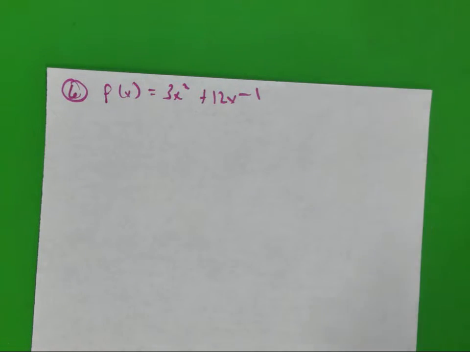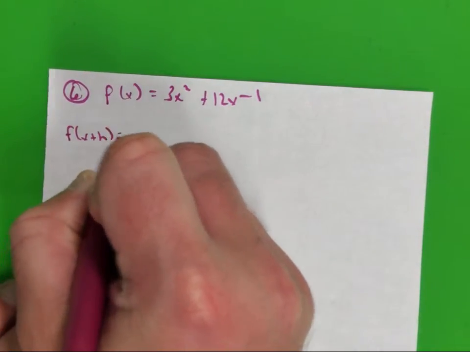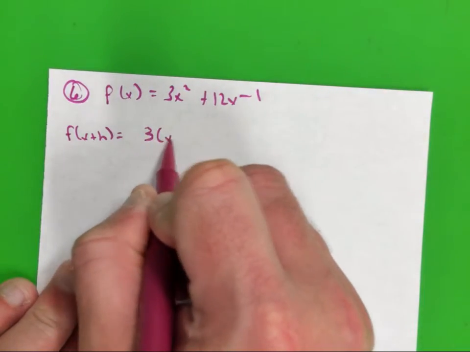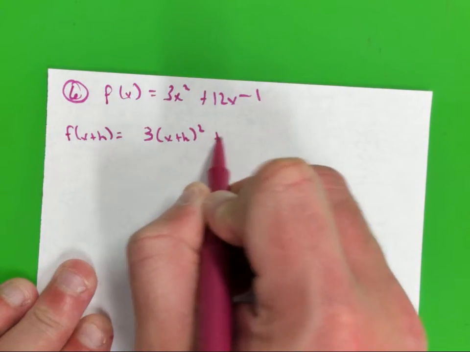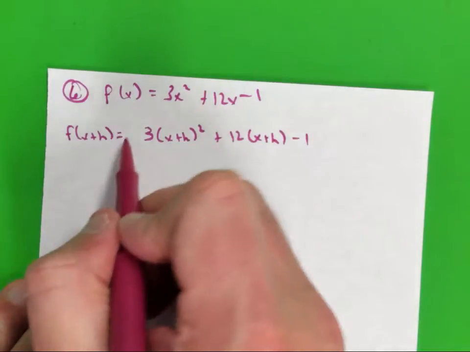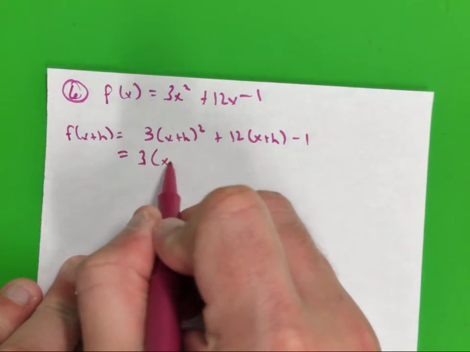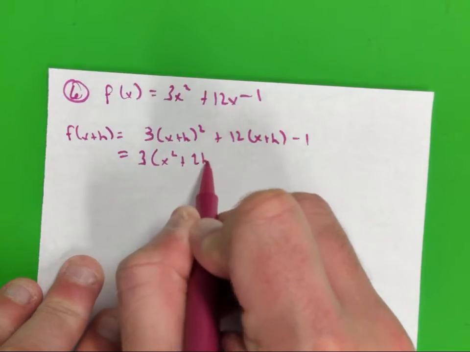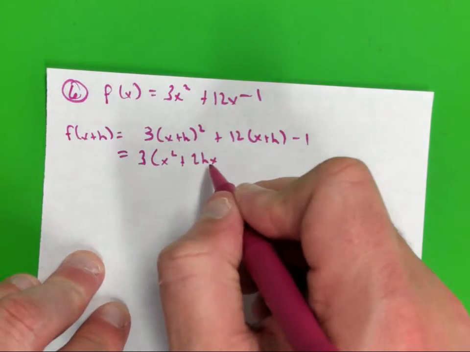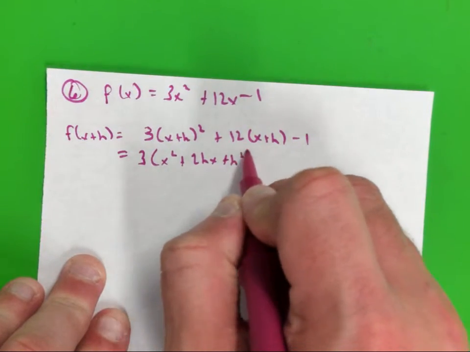So I'm going to come under here and find f of x plus h. That's 3 times x plus h squared plus 12 times x plus h minus 1. x plus h squared is x squared plus 2hx, you said, Mr. Judge, I have xh, that's fine, plus h squared.